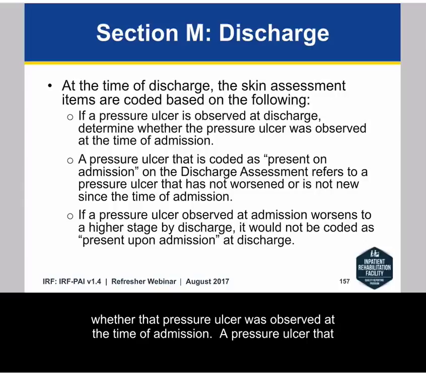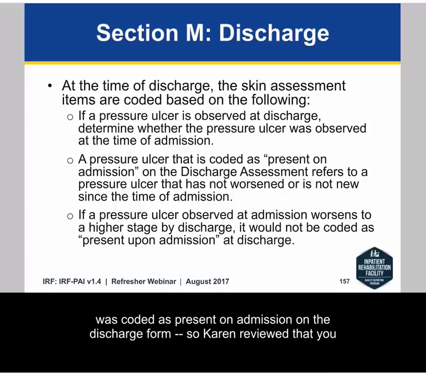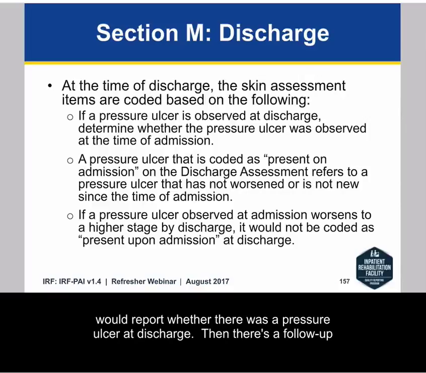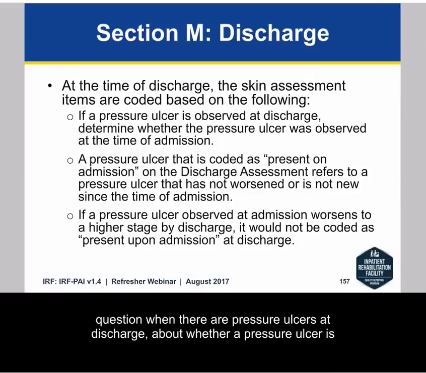A pressure ulcer that was coded as present on admission on the discharge form. So Karen reviewed that, you would report whether there was a pressure ulcer at discharge, and then there's a follow-up question when there are pressure ulcers at discharge about whether a pressure ulcer was present upon admission.